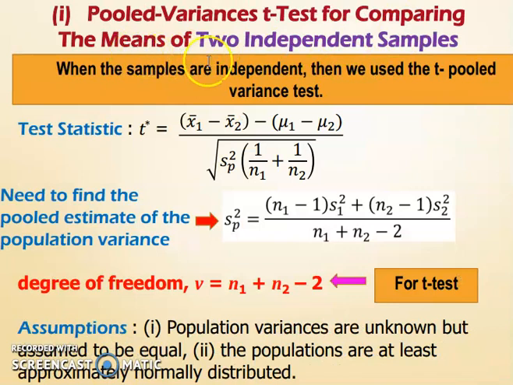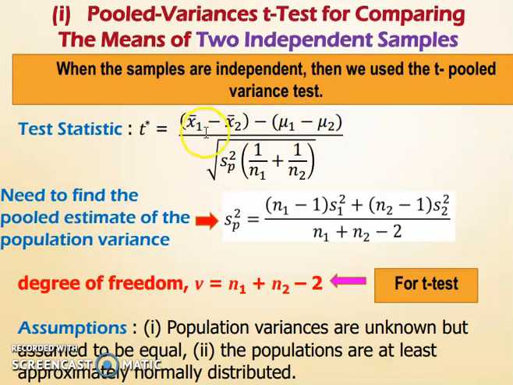Comparing the means of two independent samples, we're going to use the pooled variance t-test. In the pooled variance t-test, the test statistic is this formula. You see there is x1 bar, x2 bar, mu1 and mu2.